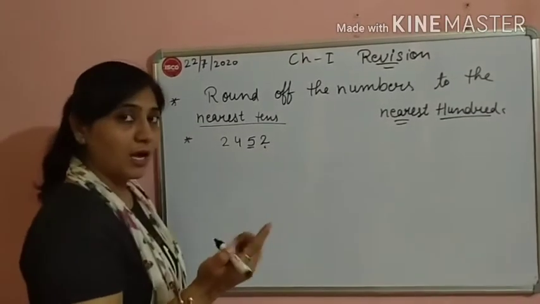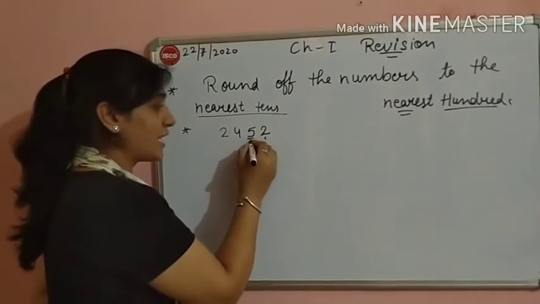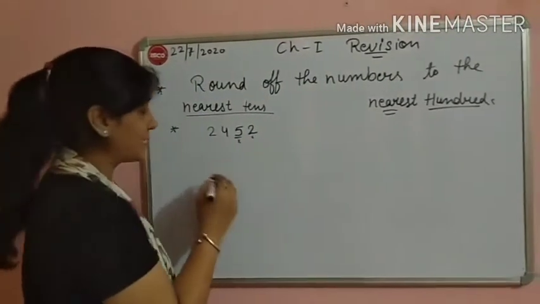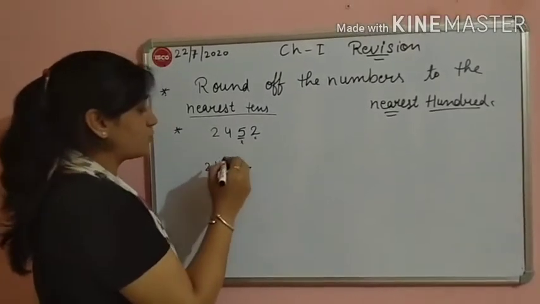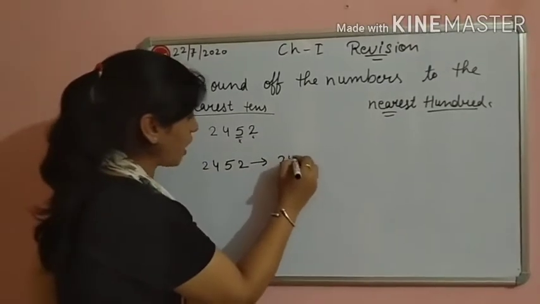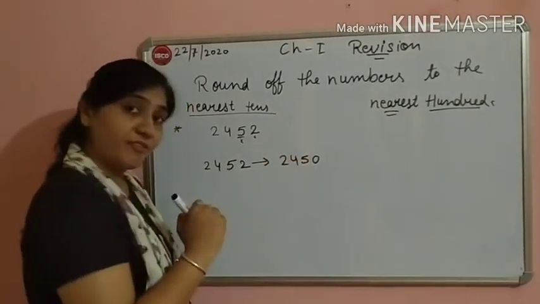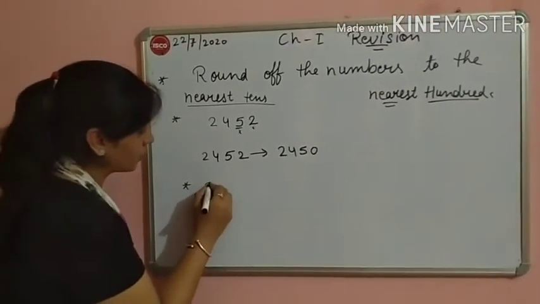It is 2, which is less than 5. So there is no change in the tens place digit. So this number, 2452, is rounded to 2450.